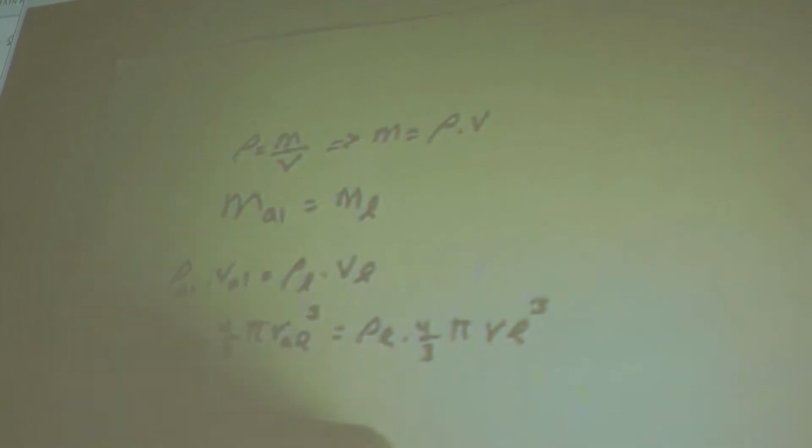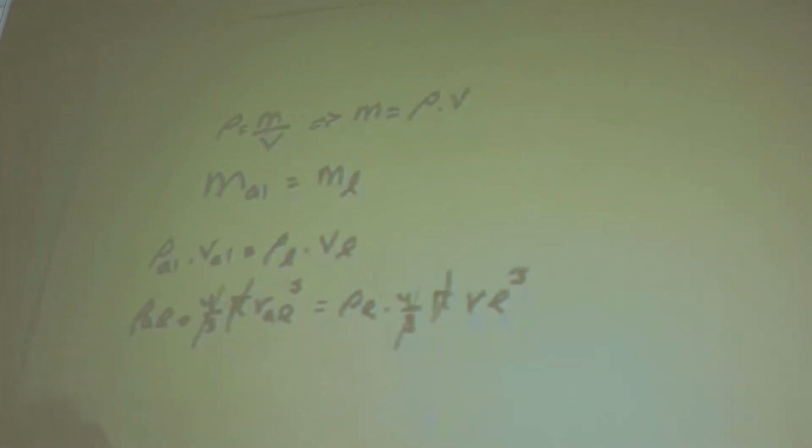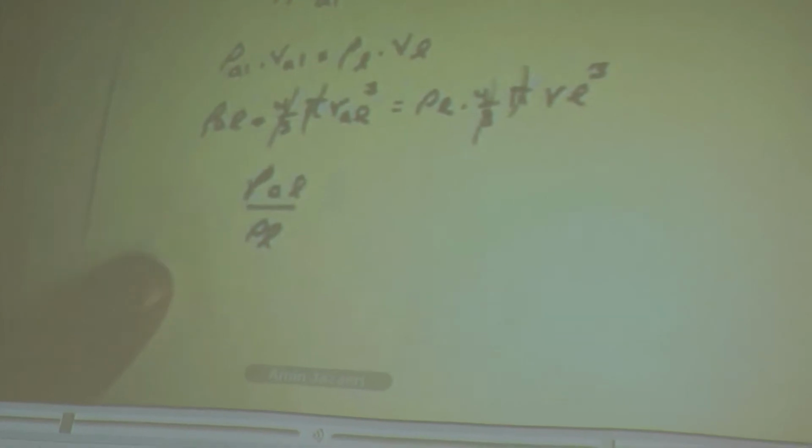So what cancels? 4/3 cancels 4/3, pi cancels pi. So what you have is a ratio of rho aluminum over rho lead.